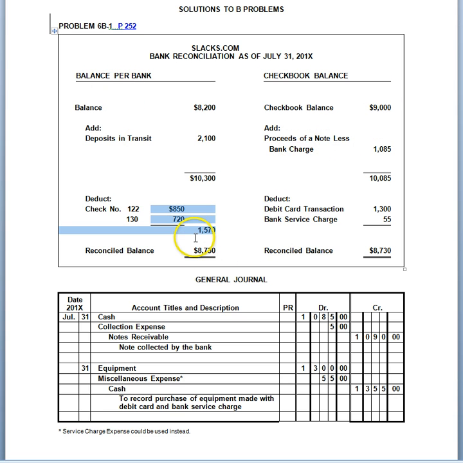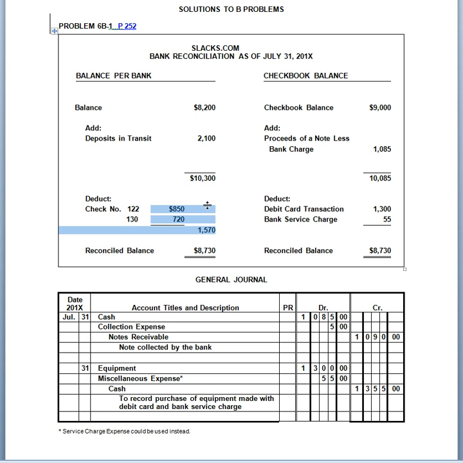So we want to kind of play catch-up ball. We're going to do to the bank side what was already done on the books. We subtracted 1570 here, but the bank has not yet got those items, so we will do it as if they have subtracted the 1570 and subtract that from the subtotal that we have already over here.